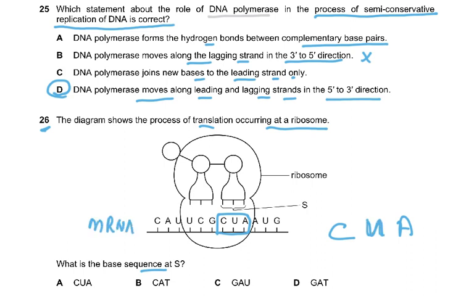And then the tRNA is bringing the complementary anticodon. So this S is the anticodon. What would S be to G? AU, please remember tRNA and mRNA both are RNA, so you've got to have U in it. So that is why the answer to question number 26 is C, GAU.